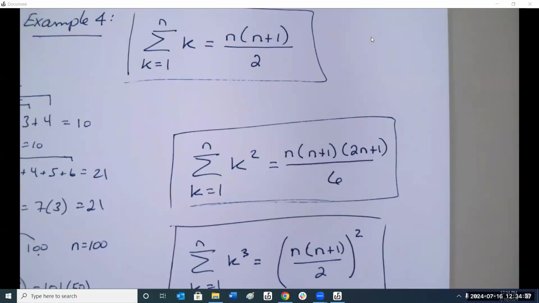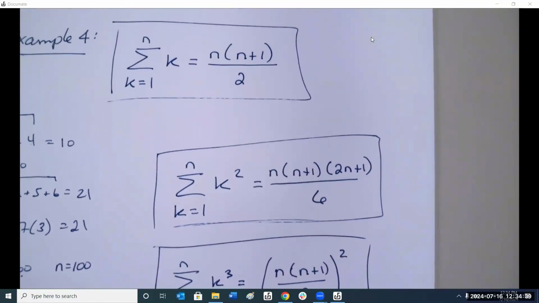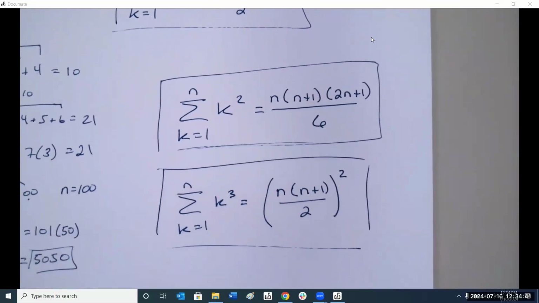So make sure you make note of these three formulas. So let's use these in example 5.